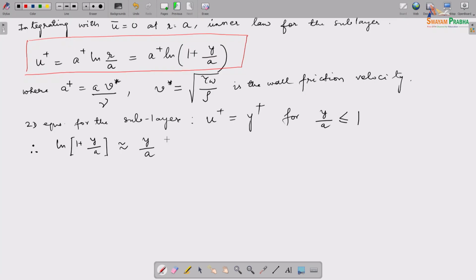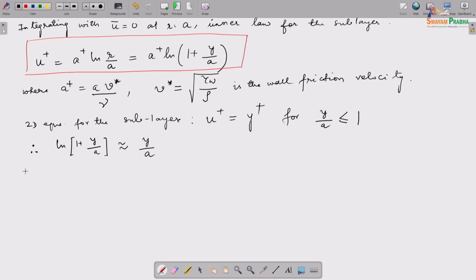And then an analytic approximation valid for the entire boundary layer is obtained by replacing y plus by capital Y. So, let me write that. We are going to write that and then stop.